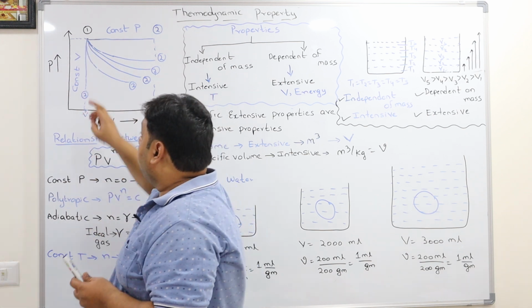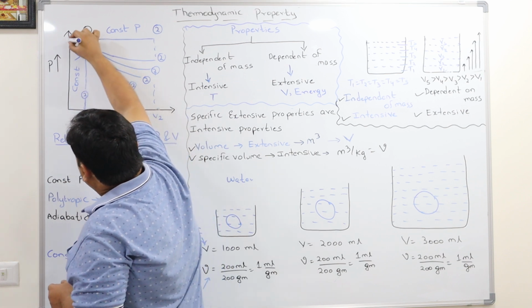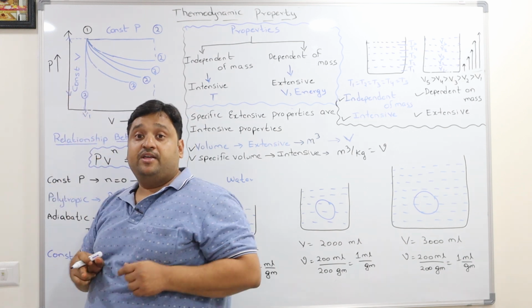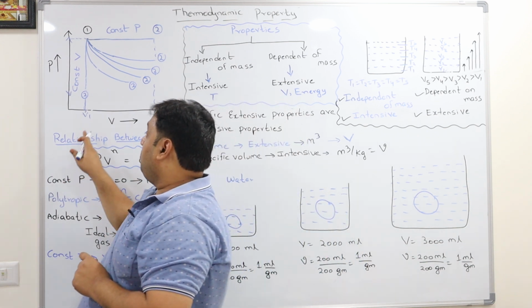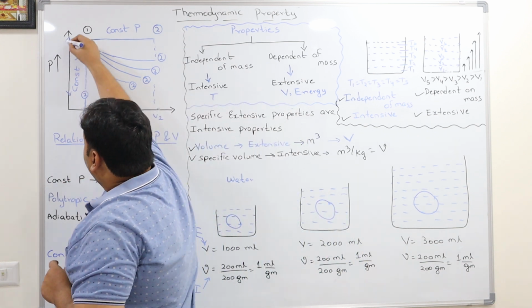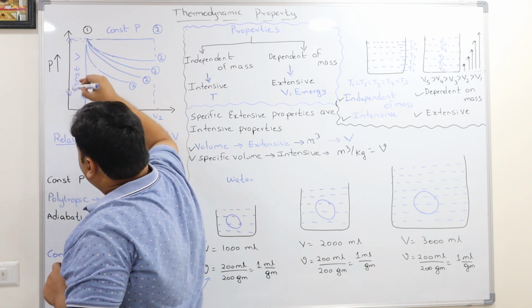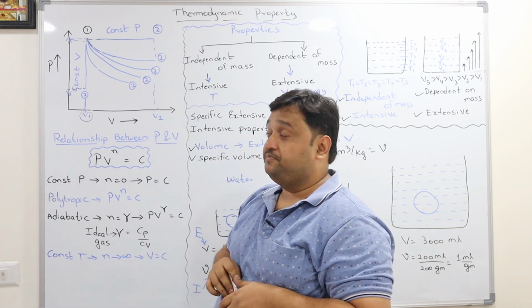You can see the volume is not changing here, only pressure is changing from here to here. So this is called a constant volume process, because the volume is not changing, only pressure is.